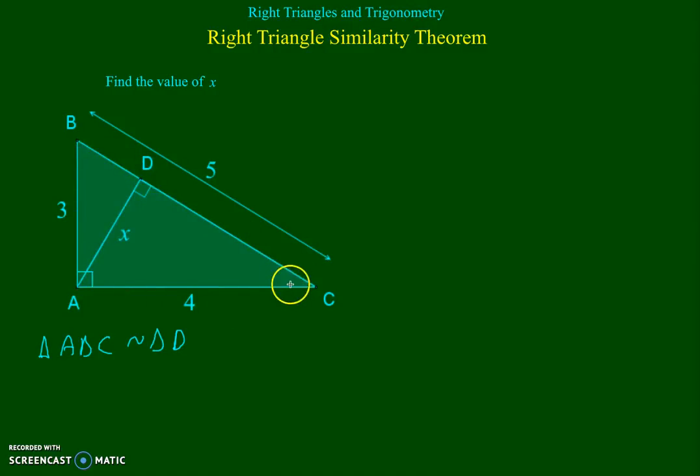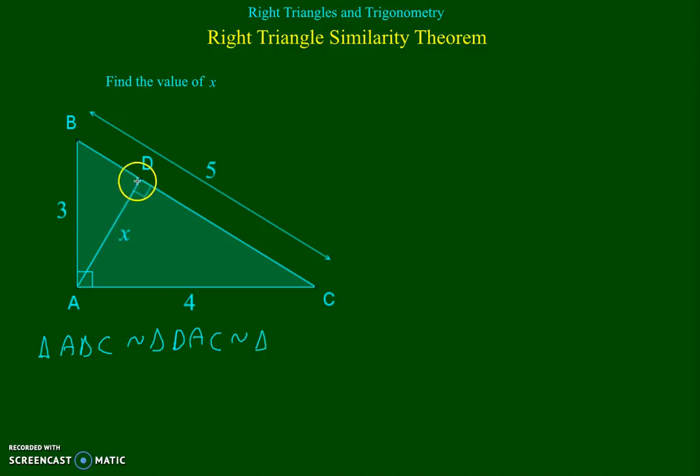So I'm going to use angle C last. So since C matches with C, angle DAC has to be the vertex for this angle. So I'm going to go from D to A and then to C, which is similar to triangle.